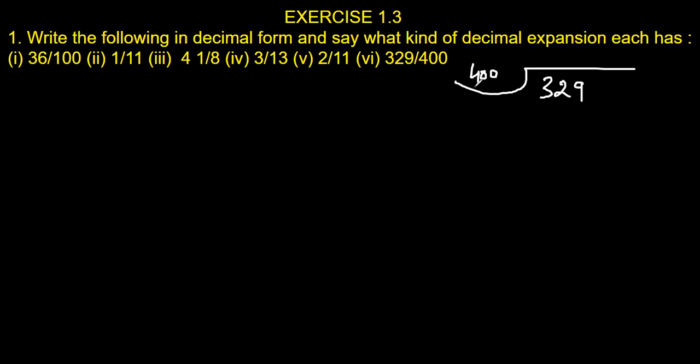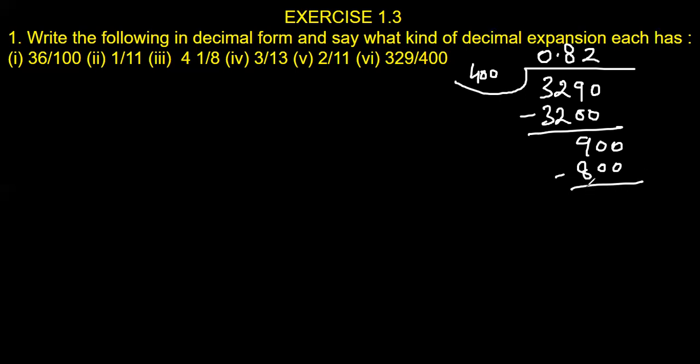Of course, 329 is smaller than 400, so it is not divisible, so we write 0, then we increase 1 zero there. 8 times, because 4 8s are 32, so it is divisible 8 times. 3200, and then the difference is 90, and then you bring down 1 zero. 900 is divisible by 400, or you can say 9 is divisible by 4 2 times. 4 2s are 8, we simply increase 2 zeros, and the difference is 100.